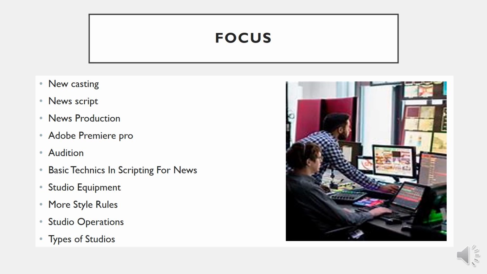This will take you through the step-by-step operation that goes on in the studio by the different people that are involved in the production process of the news. Then we also have the different types of studio and what they are used for. So that's what you're expected to learn here.